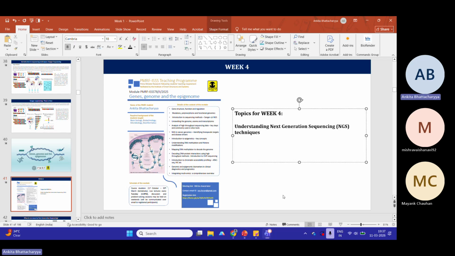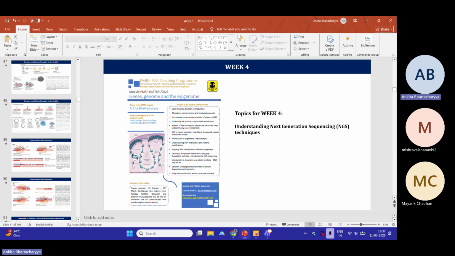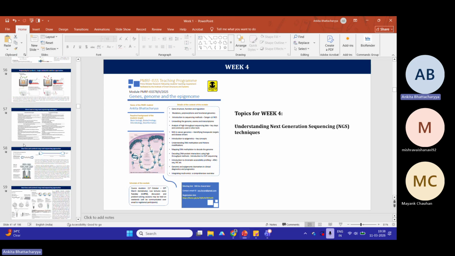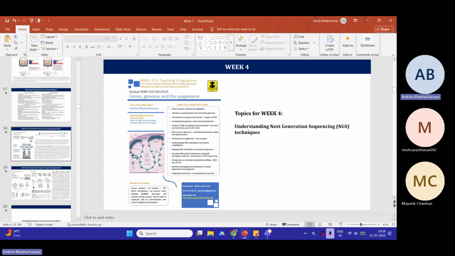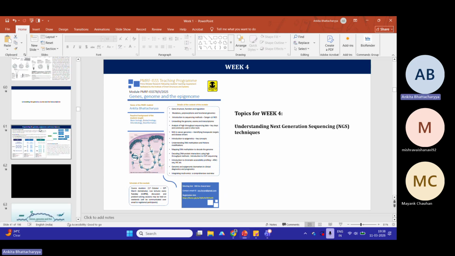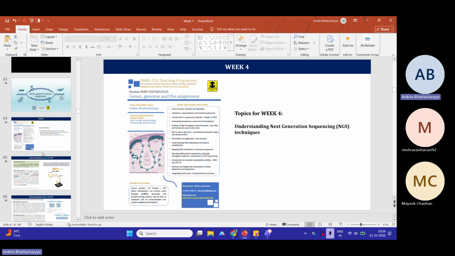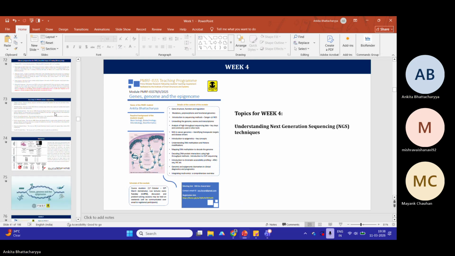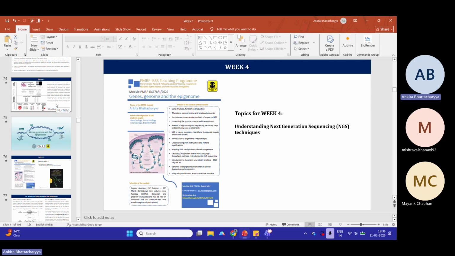So from this point: NGS techniques introduction, the template amplification strategies, sequencing by synthesis, short read and long read sequencing methods, and the initial discussion on exome and WES. I want to keep it till here.